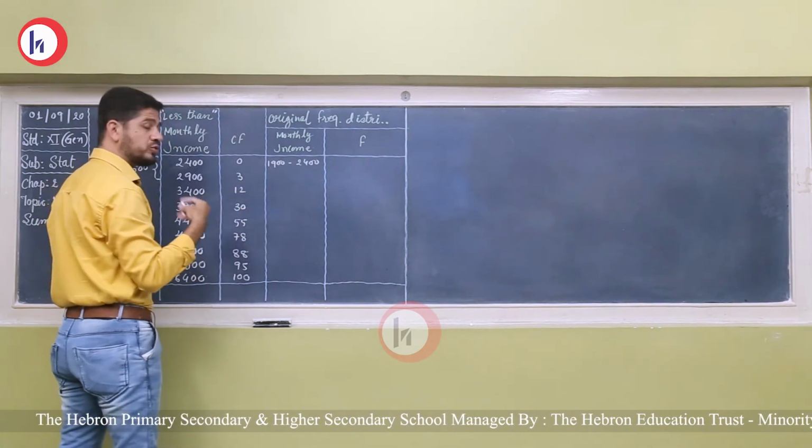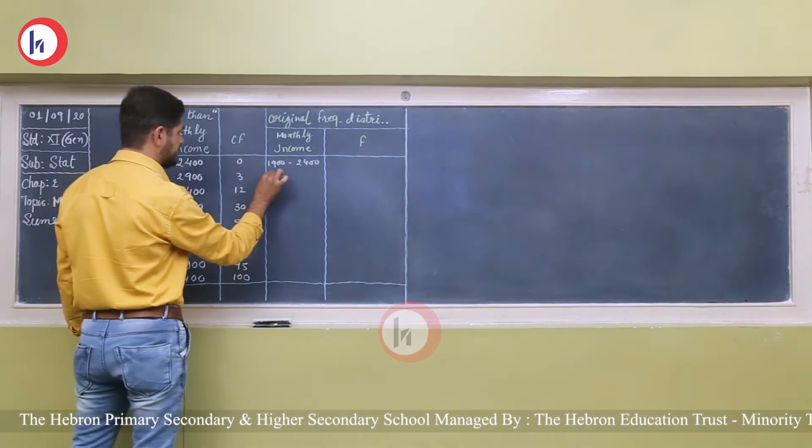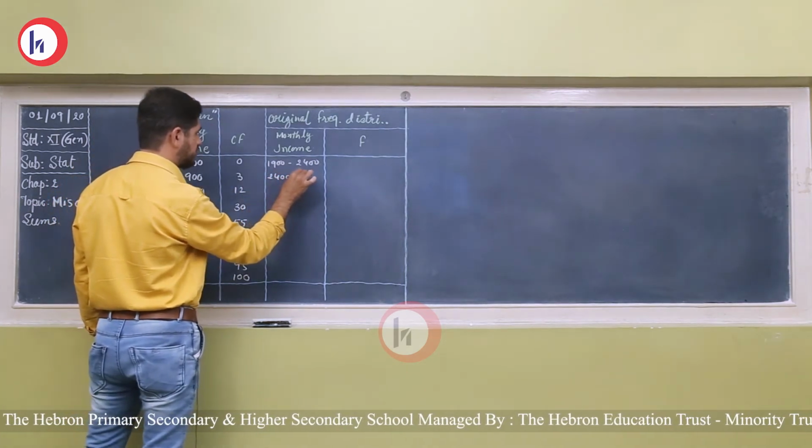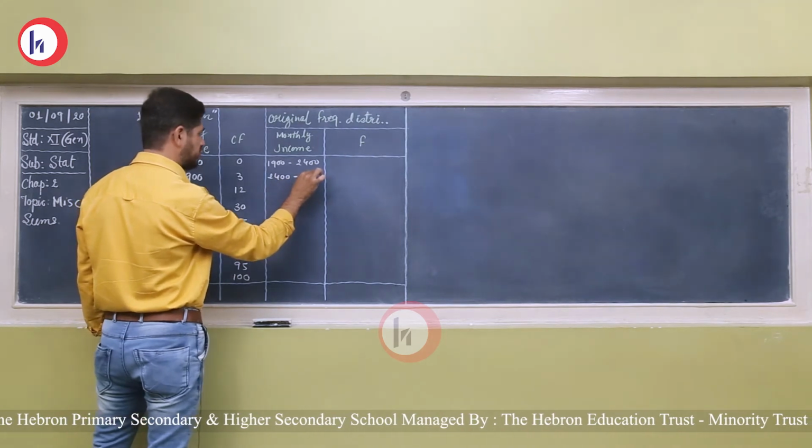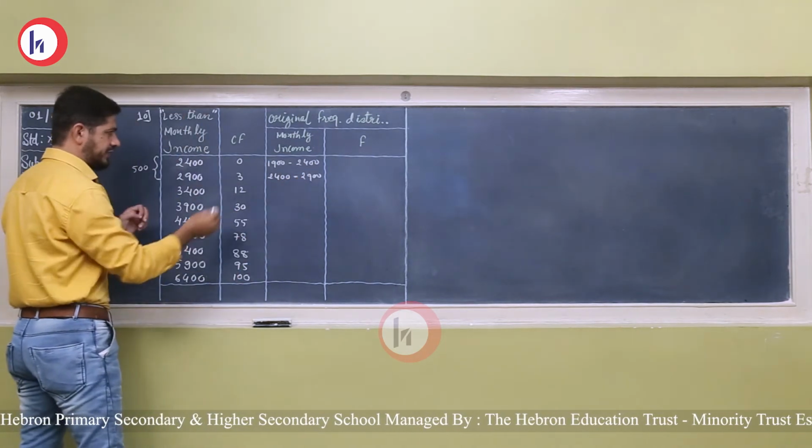Next one, this is an inclusive type of frequency distribution. So we start 2400 to 2900 and so on.